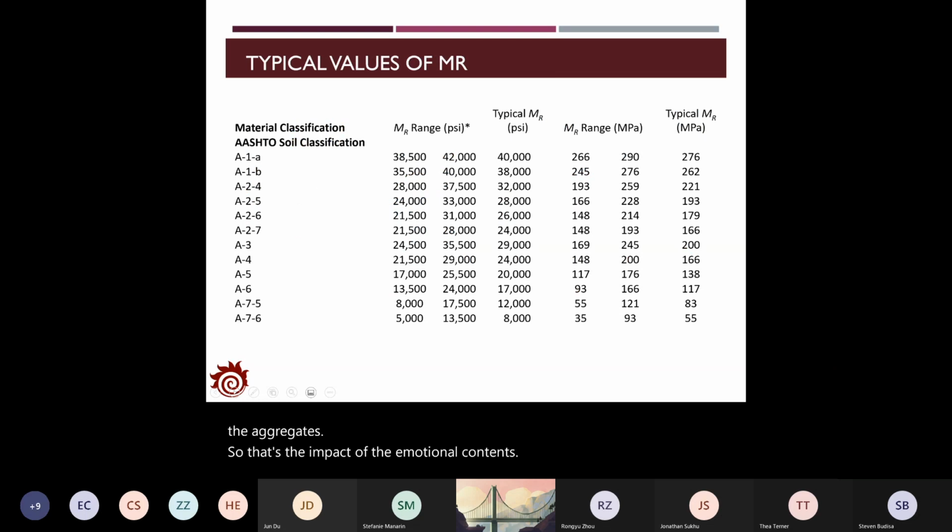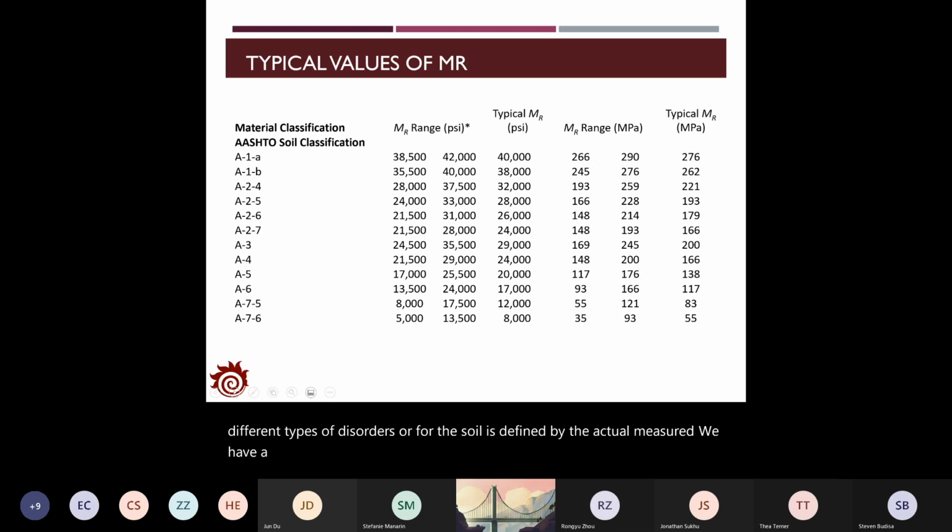We also have some typical values of the resilient modulus measured for different types of soils. For the soils defined by the AASHTO method, we have A1 to A7. Basically, with lower group index, you can find larger values of the resilient modulus.